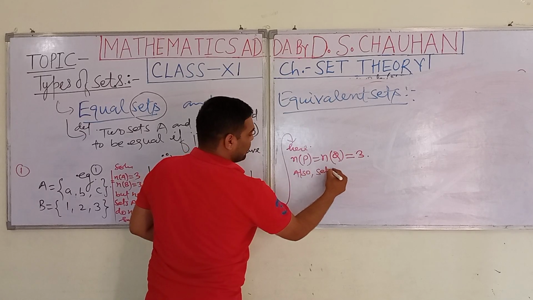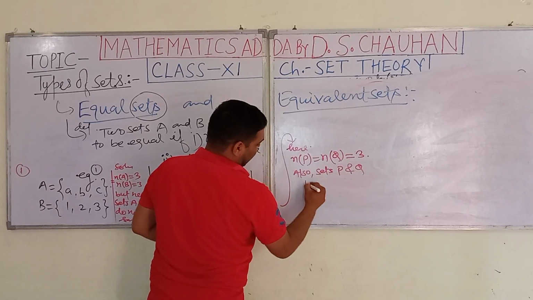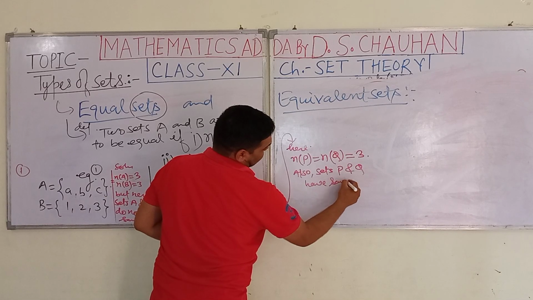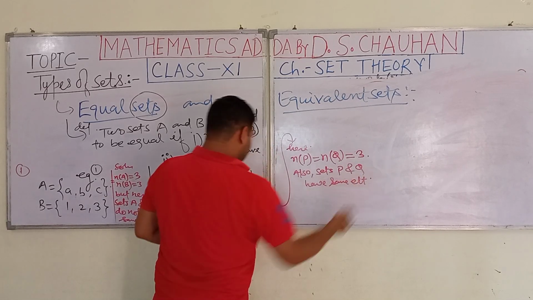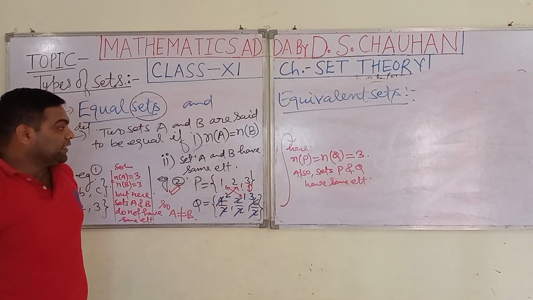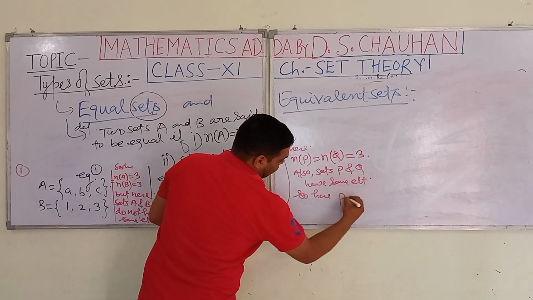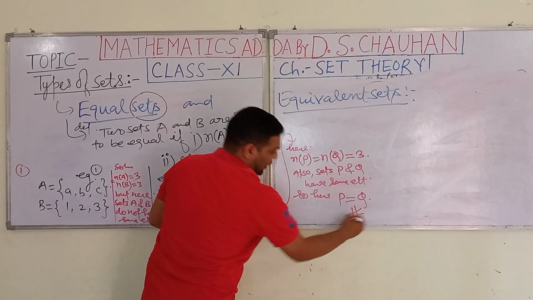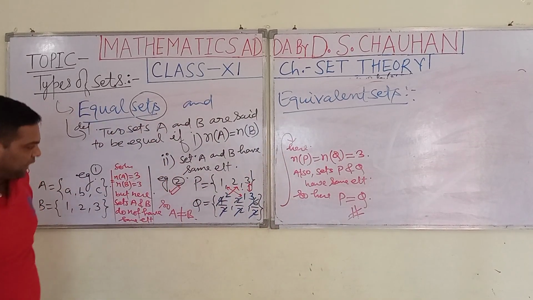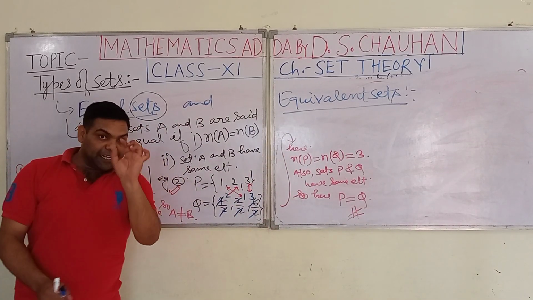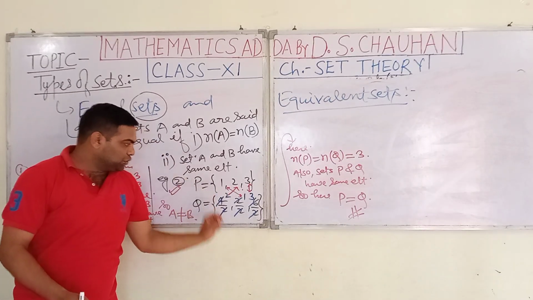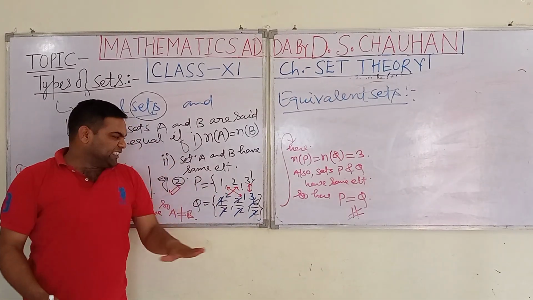So the number of elements in set P is the same as the number of elements in set Q, and both are how much? 3 and 3. And also sets P and Q have the same elements: 1, 2 and 3.